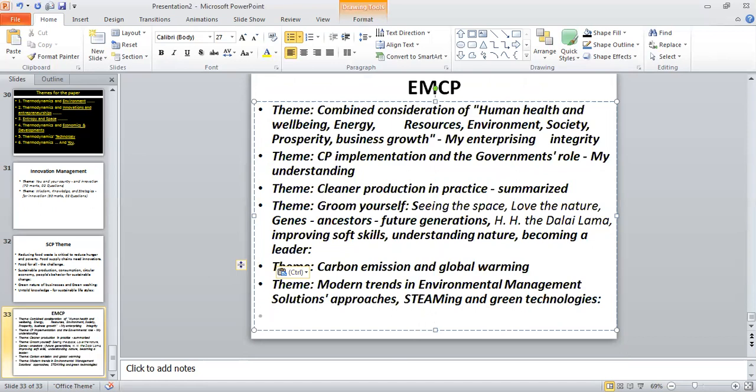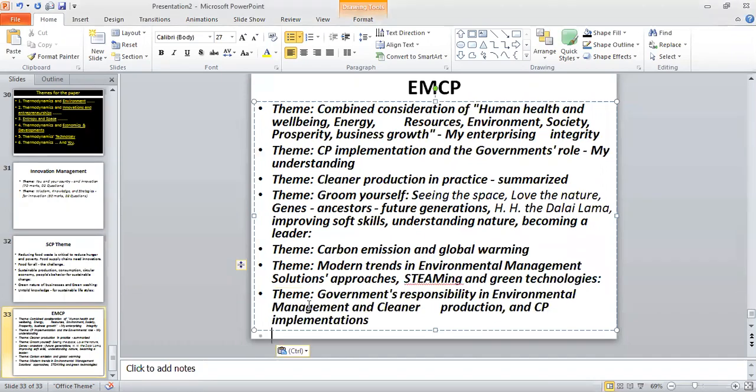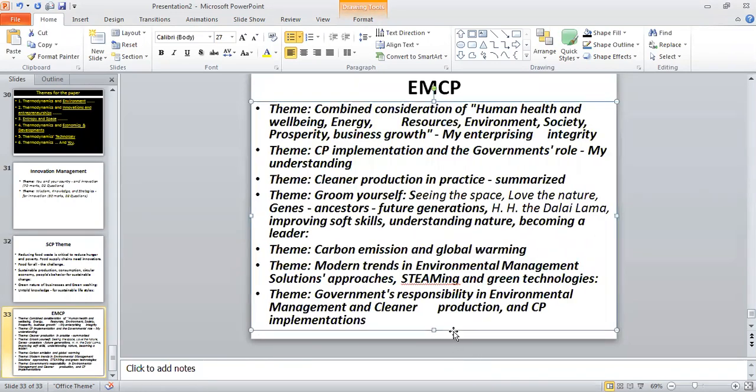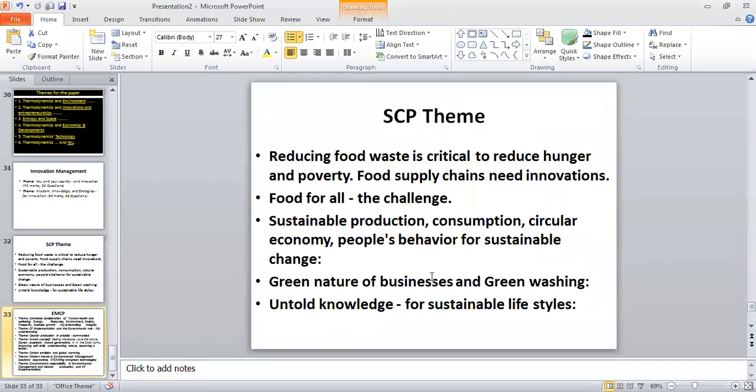These are the themes. Some more here: the government's responsibility. As citizens, we should understand this. So one more theme is there, I'm not putting it because that is enough.